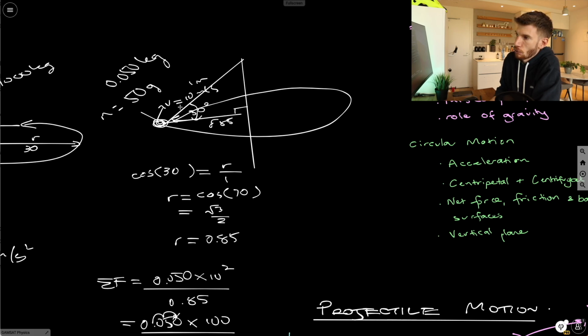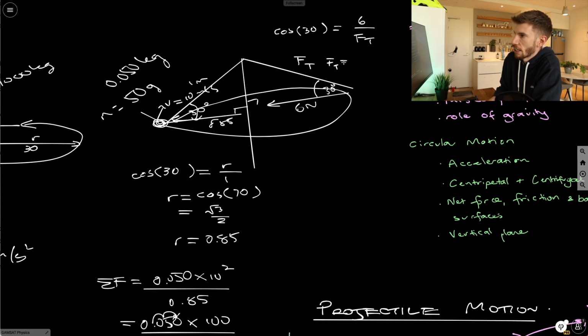So to work out what force is pulling on the string, I might go over this way and redraw it and do forces over here. If I've got 6 newtons here in a right angle triangle, I can work out the hypotenuse. So again, cosine of 30 should equal 6 over the force of tension in the string.